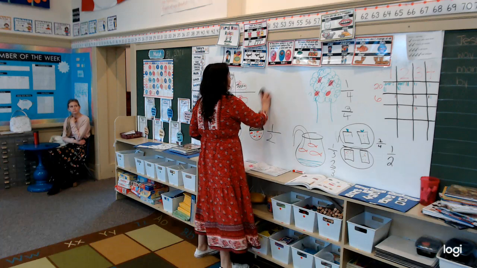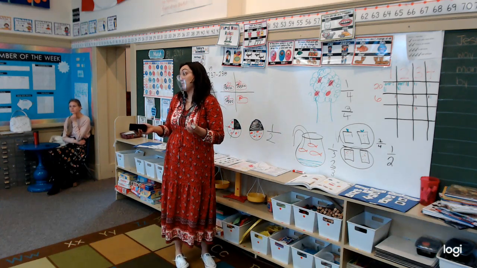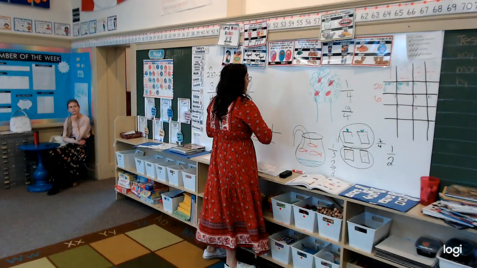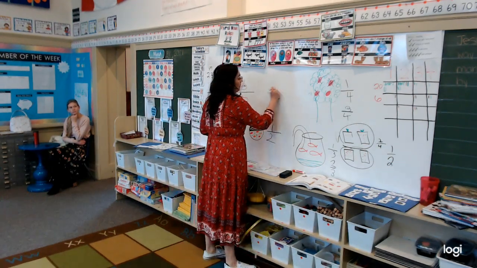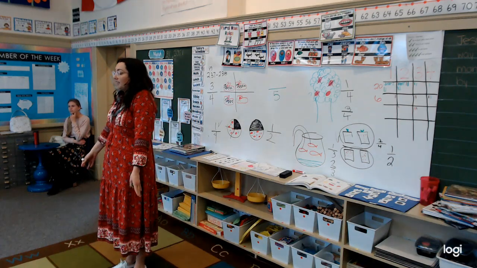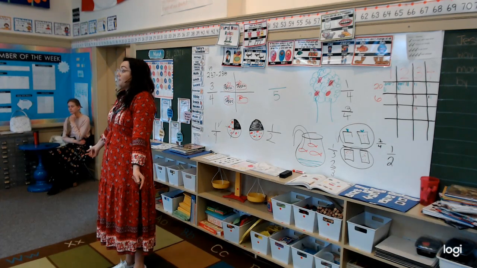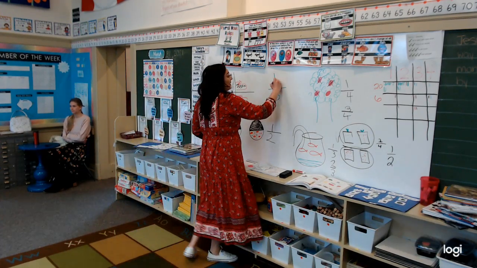So there's 3 kids, and then we have a mom and a dad. So there are 5 people in Miss S's family. How many people am I? I'm 1 person. So Miss S makes up 1/5 of her family.